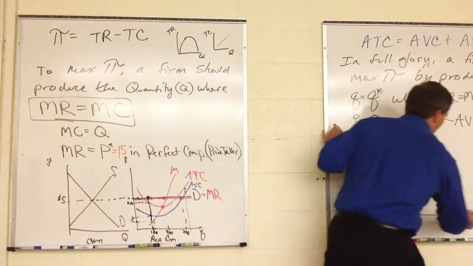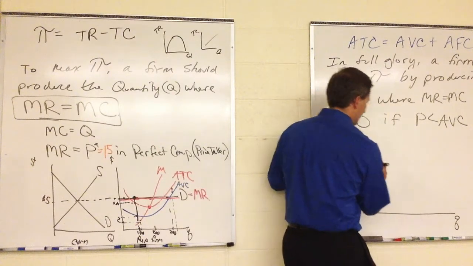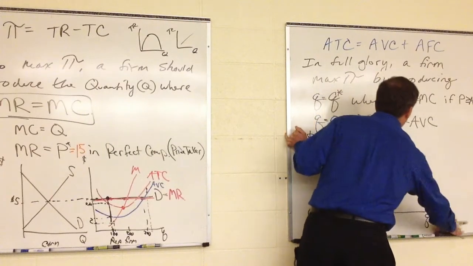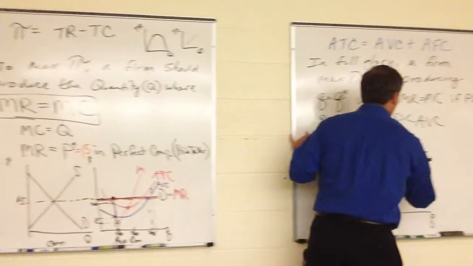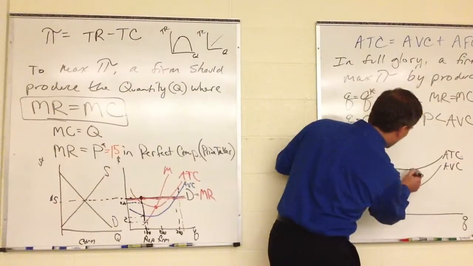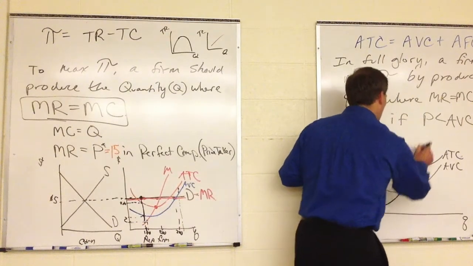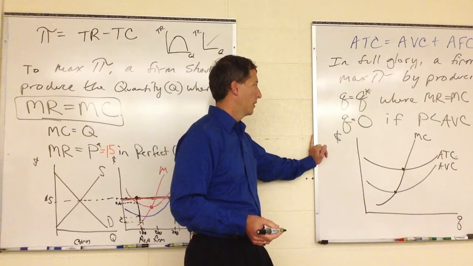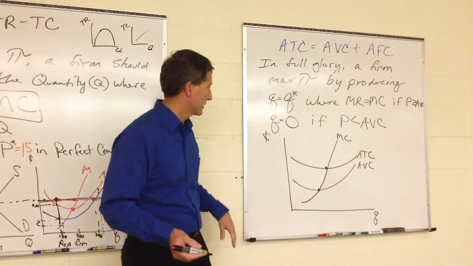So drawing a quick new picture, what we've derived is the supply curve for the firm. I want you guys to get caught up before we look at this the last time here.